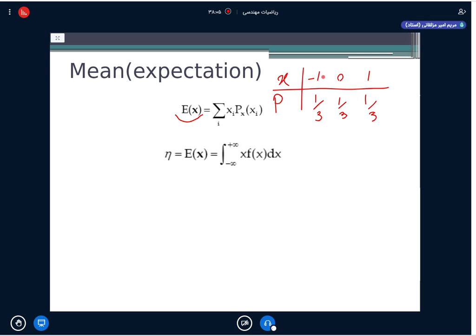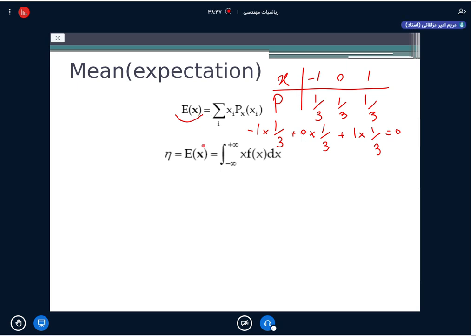For example, x takes the values negative 1, 0, and 1 with probability 1/3 each. If we want to compute the mean of x or expectation of x, we should multiply each value by its probability and sum them. So we have this, and that's equal to 0 for this example.